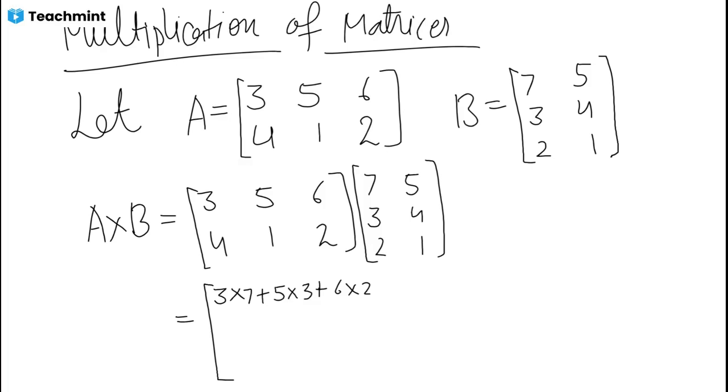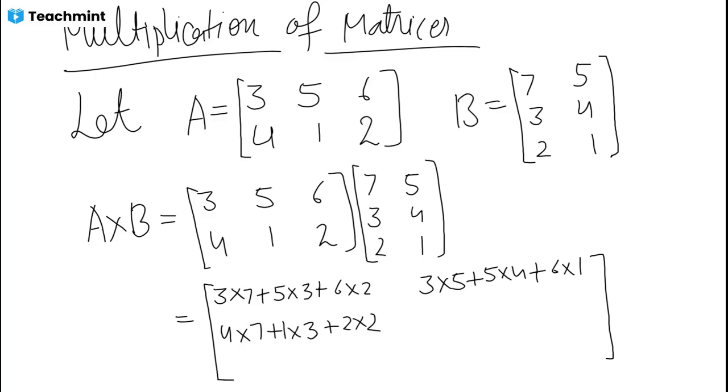So we multiplied the first row with the first column. Now multiply the first row with the second column in the same way: 3 into 5 plus 5 into 4 plus 6 into 1. Now multiply the second row with the first column, then with the second column in the same way: 4 into 7 plus 1 into 3 plus 2 into 2.